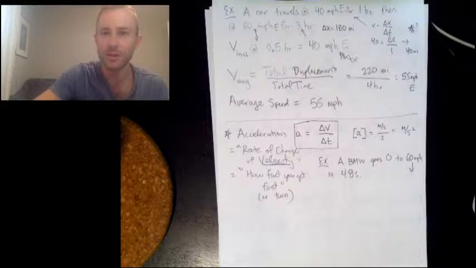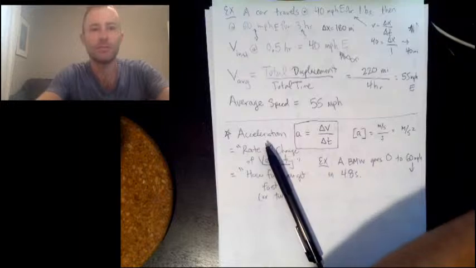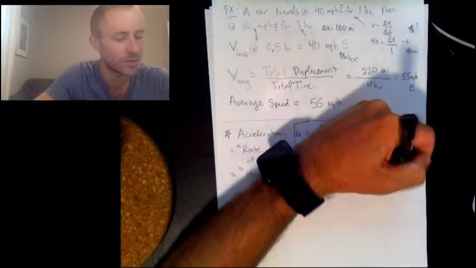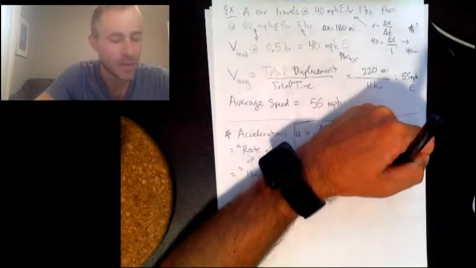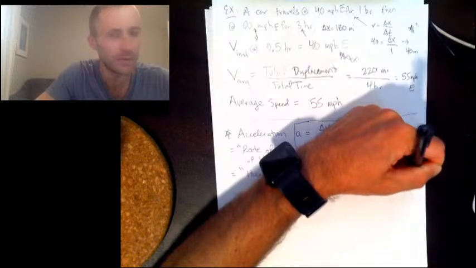So I'm just going to go to Google and type in 60 miles per hour to meters per second. So I encourage you to use Google to do unit conversions if necessary. And I can see that 60 miles per hour is 26.8 meters per second.